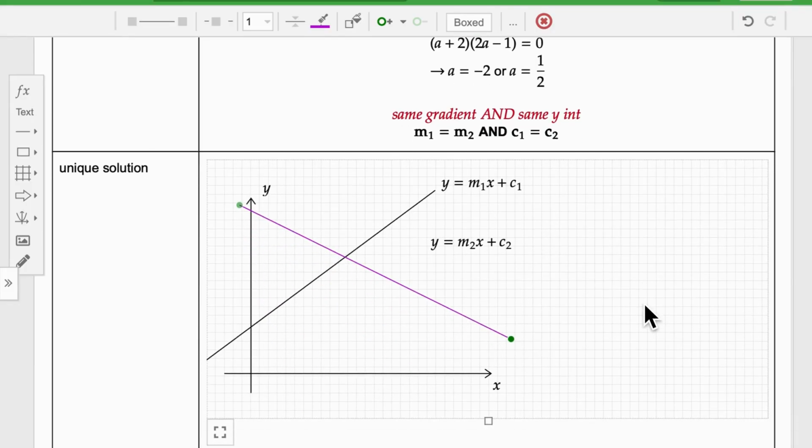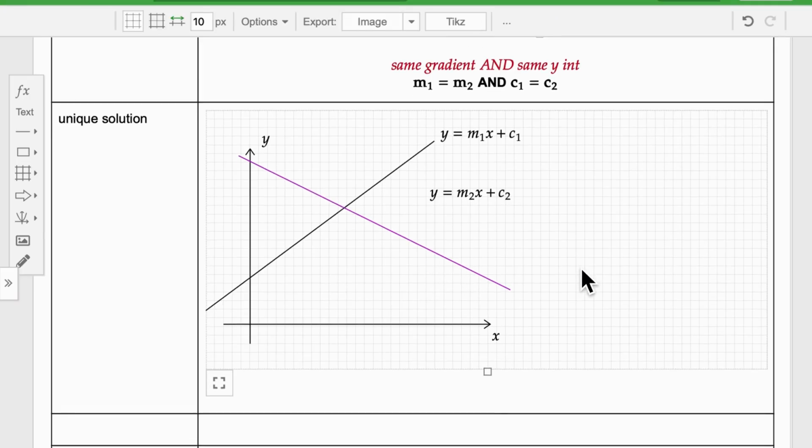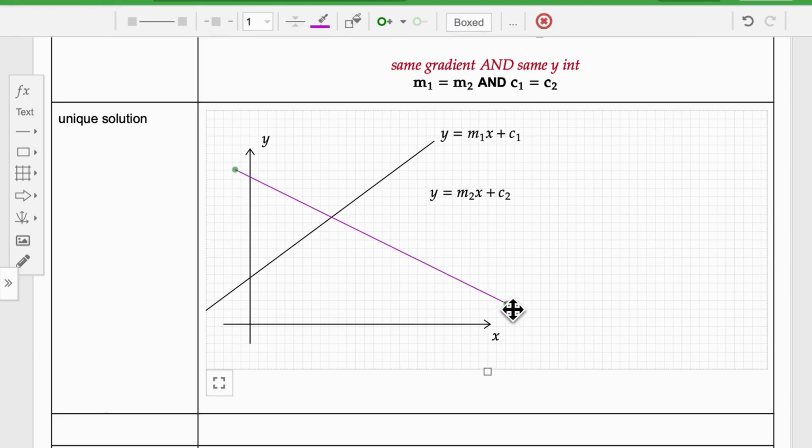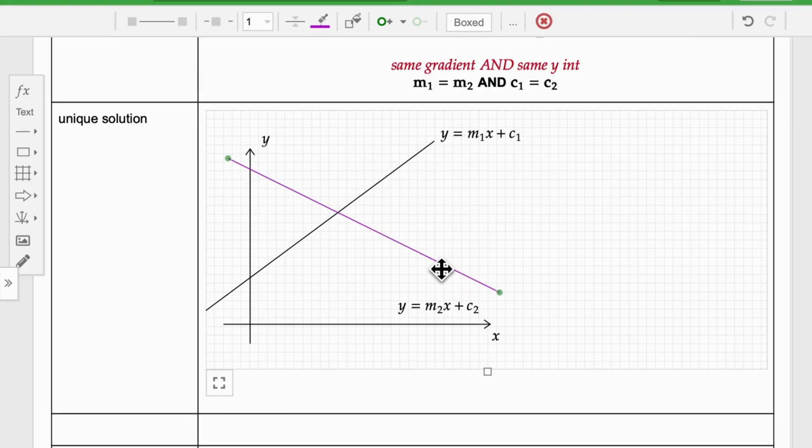So what are the conditions of m1, c1, m2, c2 so that they will intersect once? If we look closely, actually the values of c1 and c2 don't matter, right? This is the value of c2, this is the value of c1. Then the values of c1 and c2 do not matter, actually. But what really matters is m1 and m2.